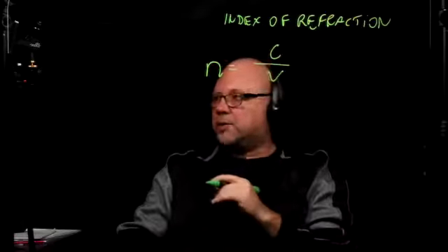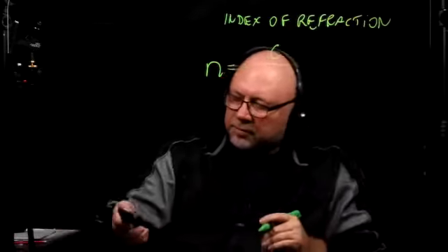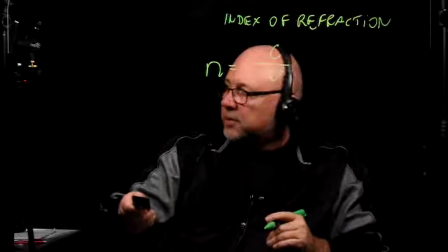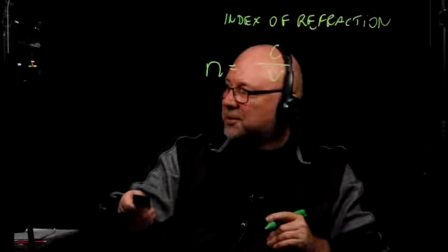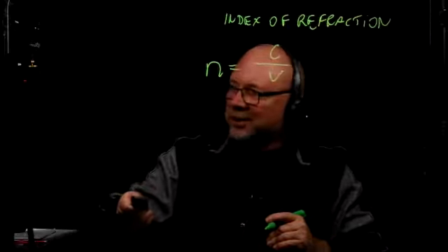All right. So let's say we're going to go index of refraction. Here is the formula. N equals C over V. Let's lower the light a little bit so you don't get as much of my head here.